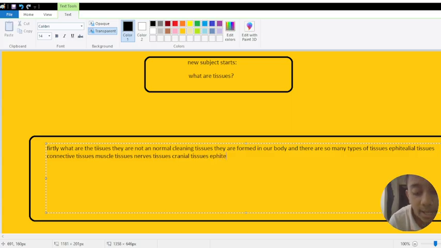Epithelial tissue has two types: first is the flat one and the stratified one.